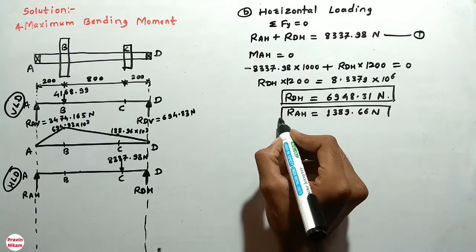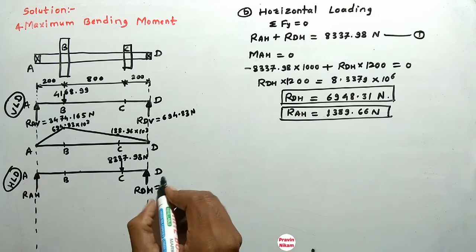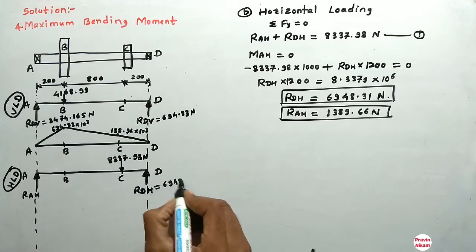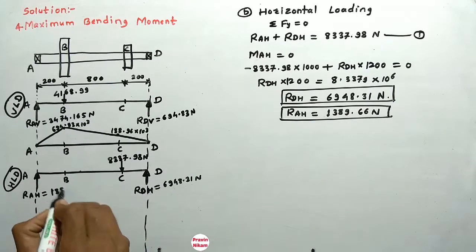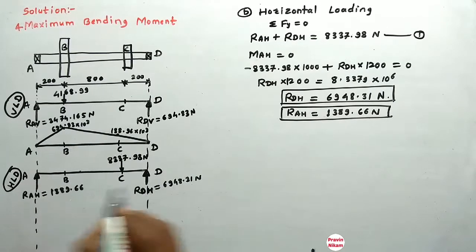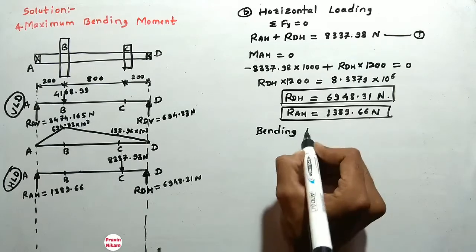So this is RAH. Now note this value here. RDH is equal to 6948.31 Newton and RAH is equal to 1389.66.